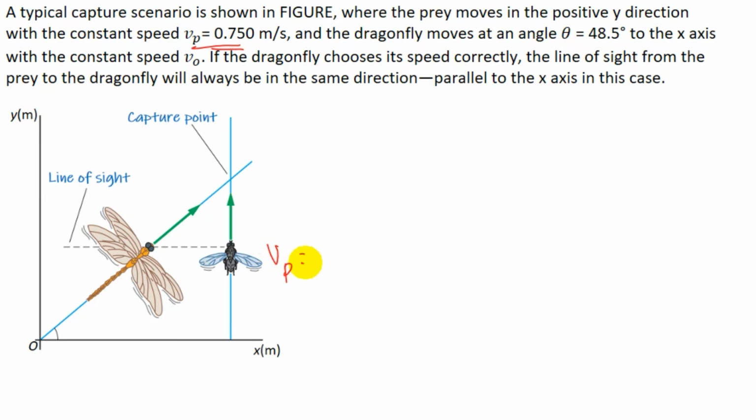So I can write it here, this Vp we are given to be 0.750 meter per second. Now next it says that the dragonfly moves at an angle of 48.5 degrees to the x-axis. So this angle, and this is the butterfly, here you can see this angle is 48.5 degrees. Now it's moving with a constant speed, so this is V0 we are given.